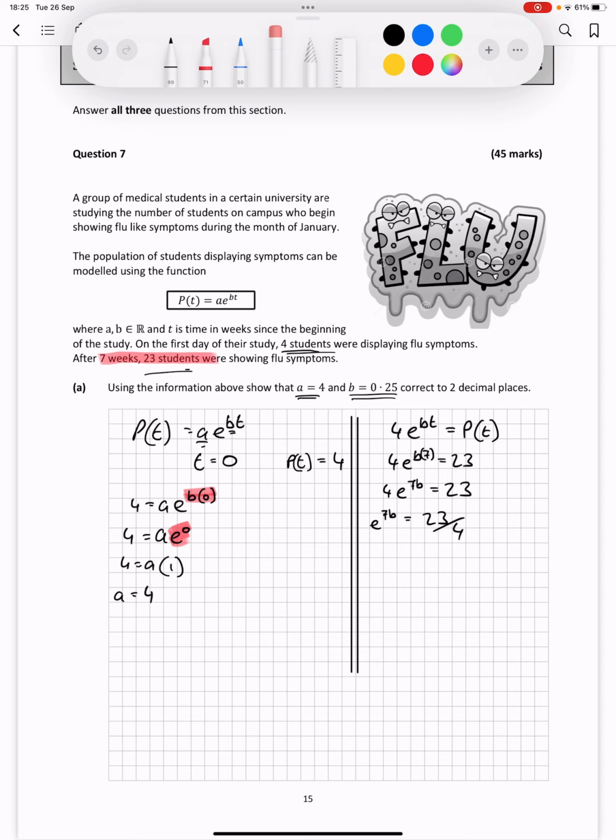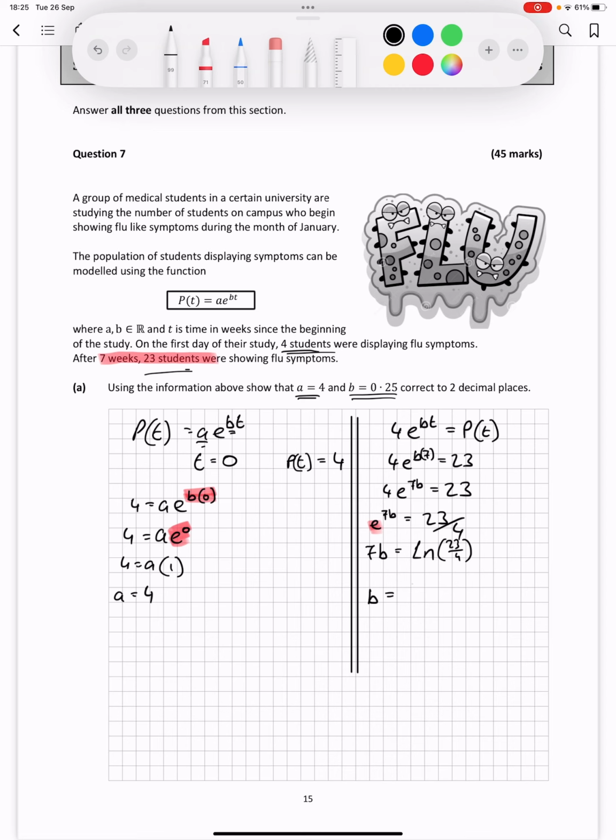Now let's bring the e across. So 7b is equal to ln, or log base e, of 23 over 4. Use your calculator to solve for this. So hopefully we're going to get the answer.